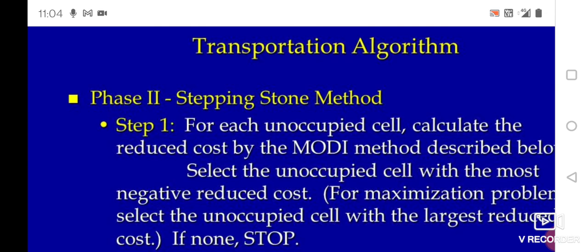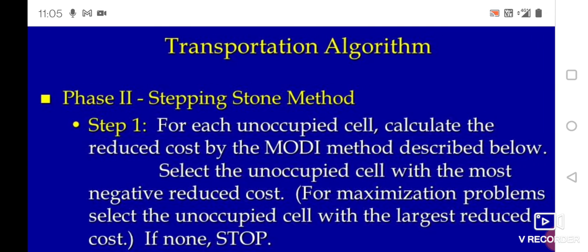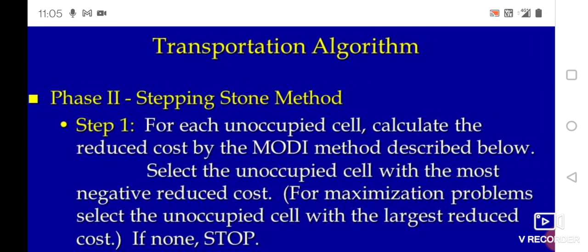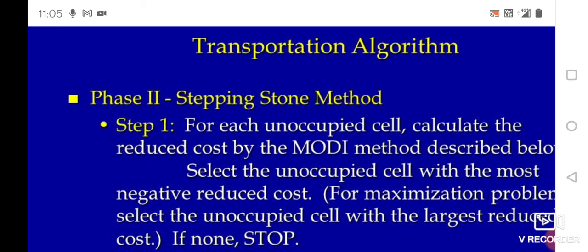Select the unoccupied cell with the most negative reduced cost. If it is a maximization problem, select the unoccupied cell with the largest reduced cost. If none, stop.